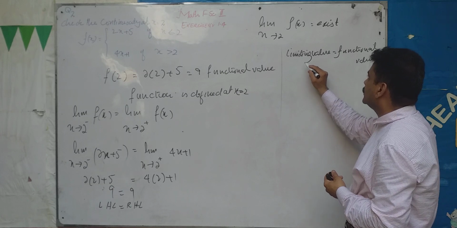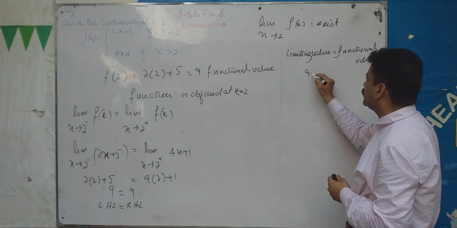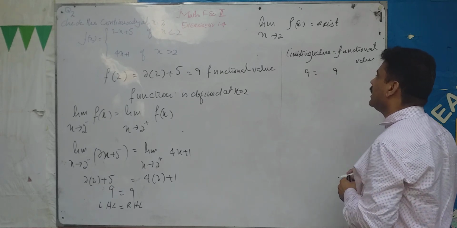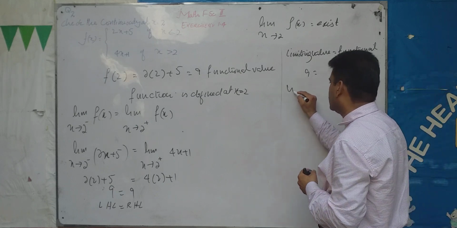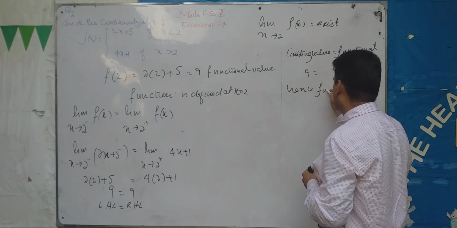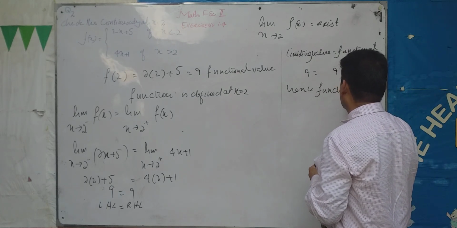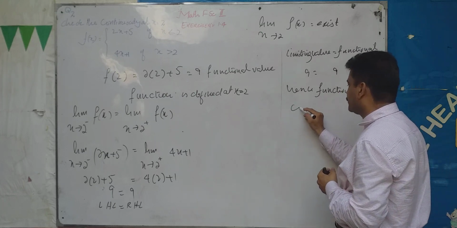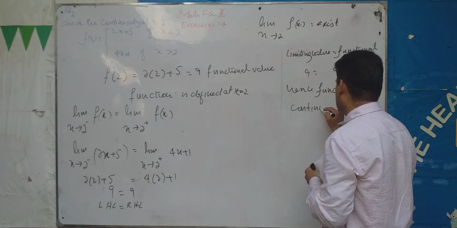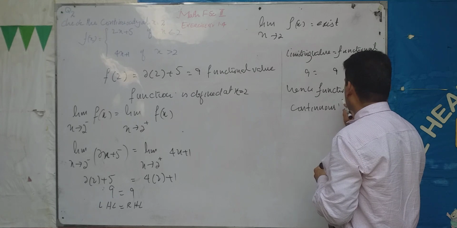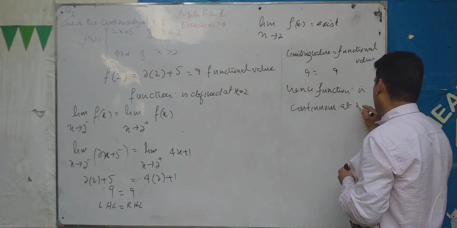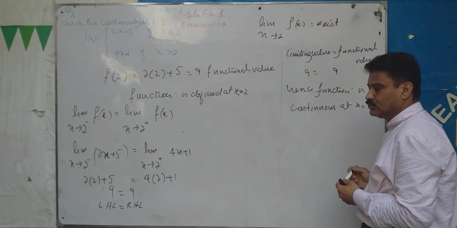Both values are equal, because the limiting value is 9 and the function value is 9. Hence the function is continuous at x equal to 2.